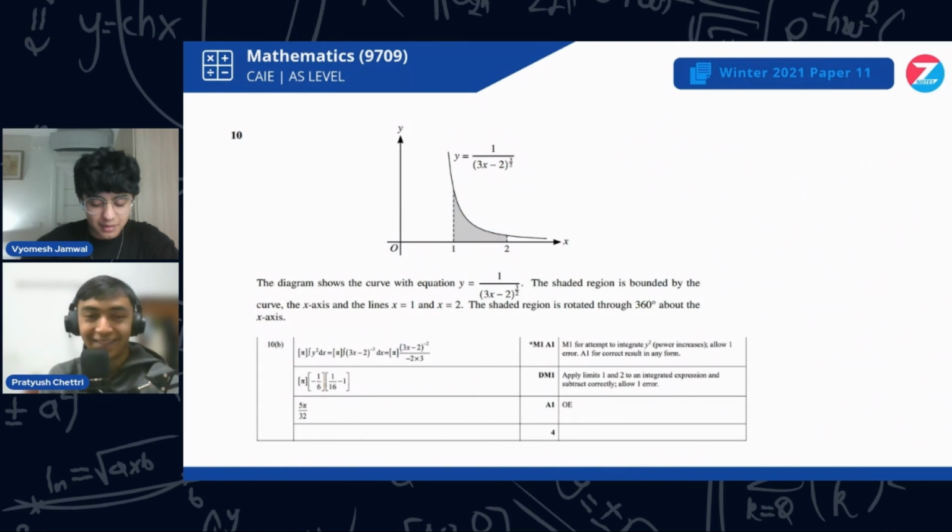This just shows how quick it is to check your answers using the calculator. It took me way less time. Always good to check. Minus 1 by 6. Apply limits 1 and 2. Oh yeah, they're saying apply the bounds.